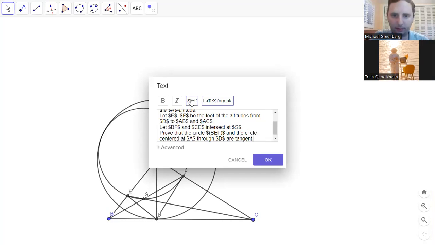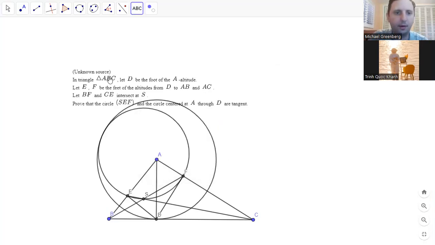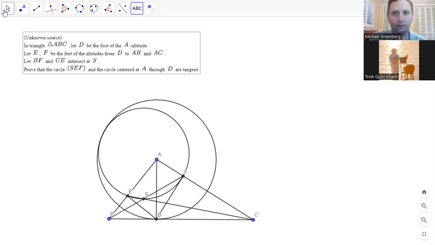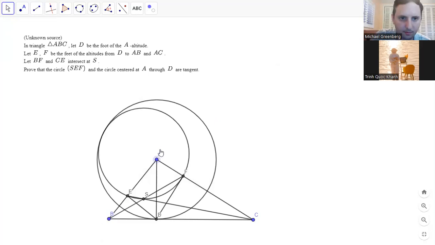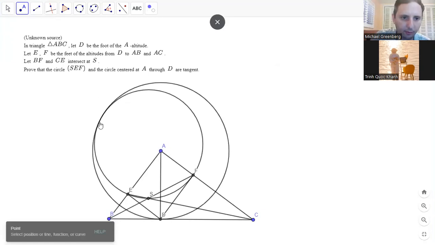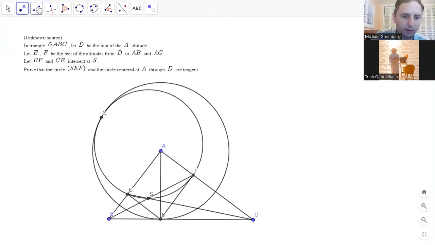So yeah, I forgot what source I got this from, but I am not going to look it up right now, but it looked interesting. And another thing I noticed is that it looks like DS passes through the point of tangency, although I couldn't prove it. So yeah, let's see if we can solve it. One sec, I'll be right back.